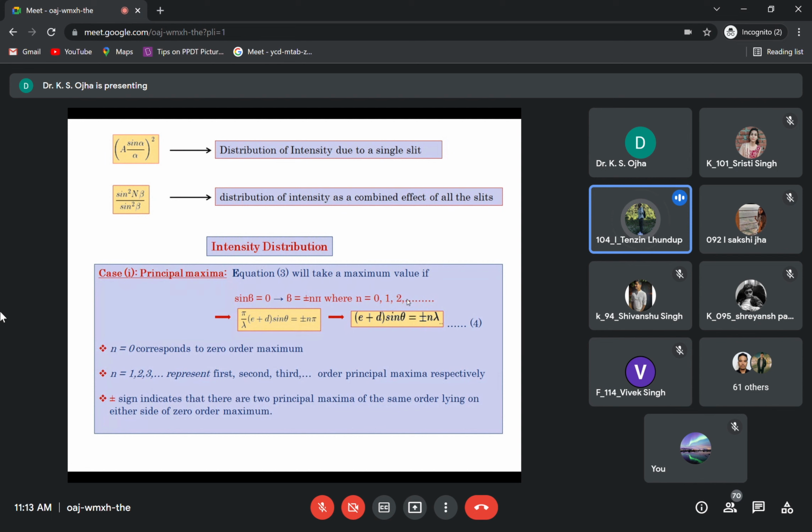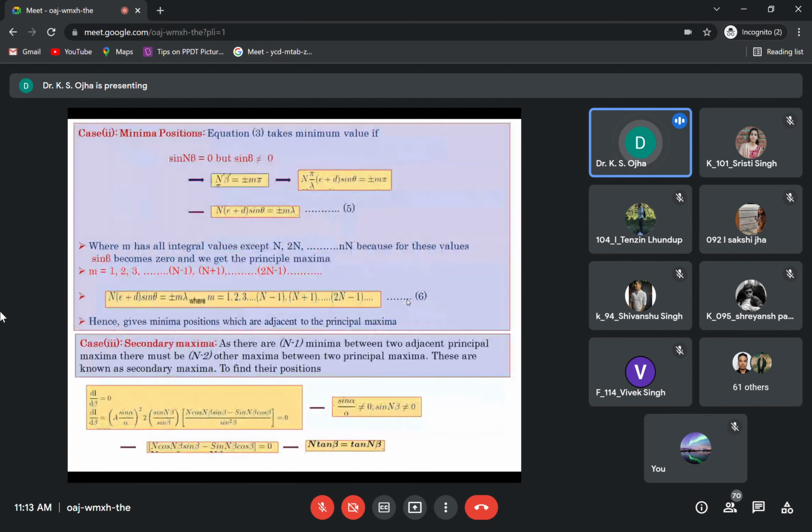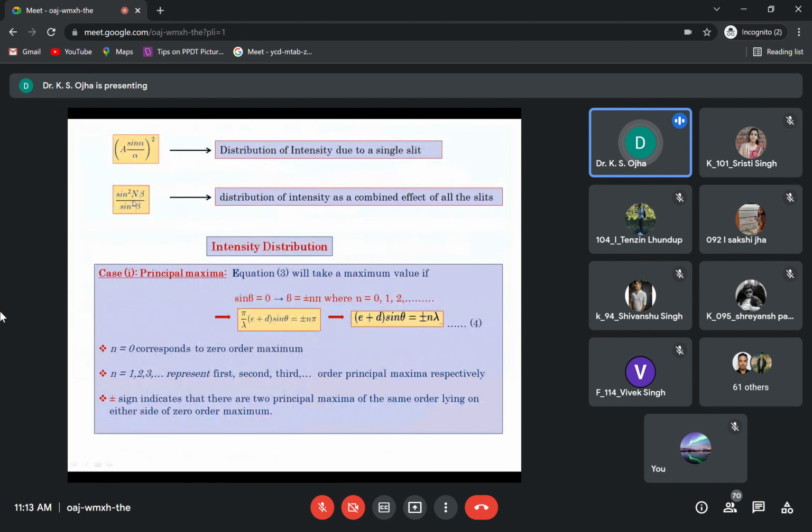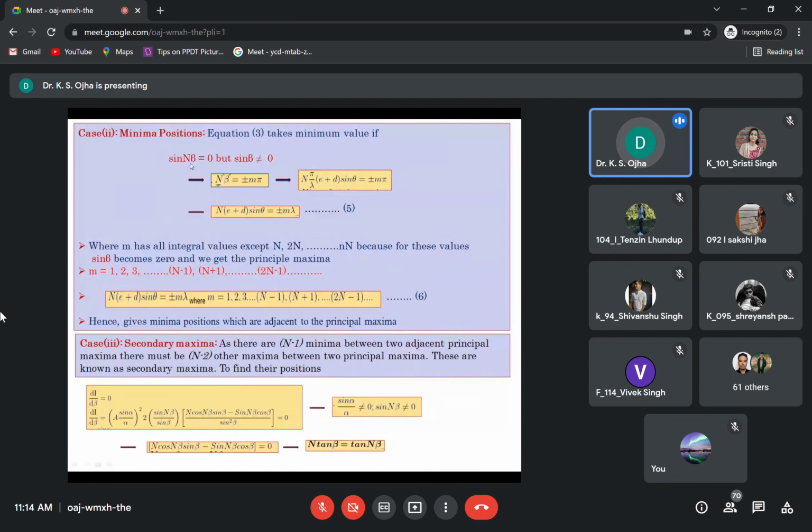So what will be the minima position? Minima will be possible only when sin n beta is equal to 0. So n beta is equal to plus minus m pi, where m is an integer except some values.